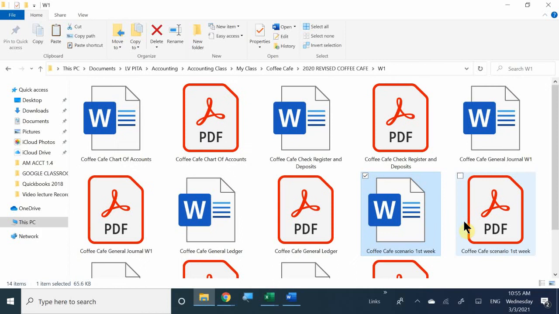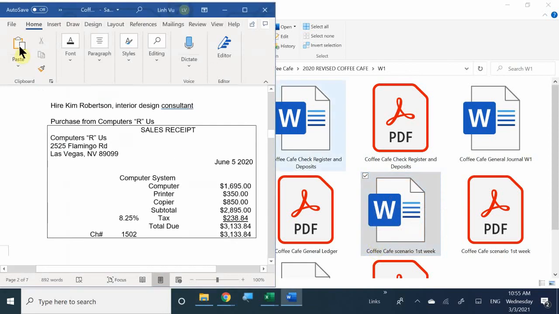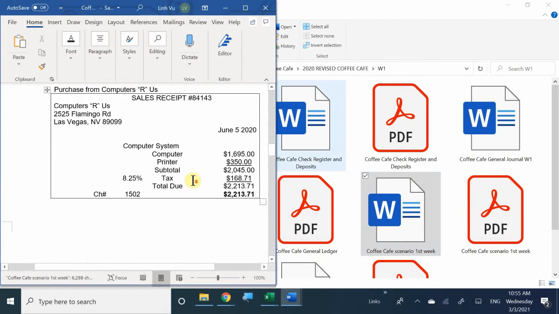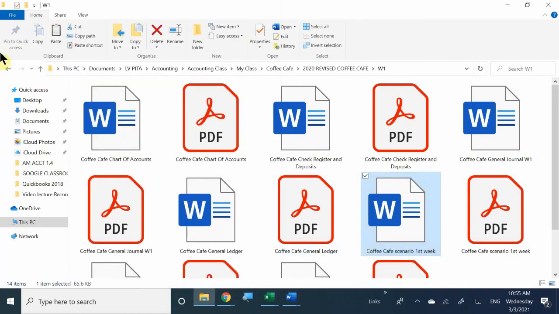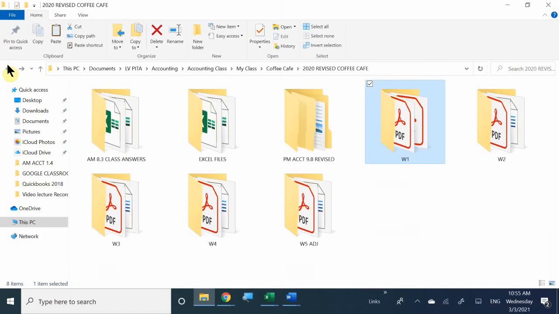I might have accidentally uploaded the wrong one. Let me double check on this one. Okay, yeah, I see it. So this is the one that we're supposed to be using. Okay, that's right. I don't know why I have the unrevised one, because I know I shouldn't have uploaded any other one. Okay, that's weird.